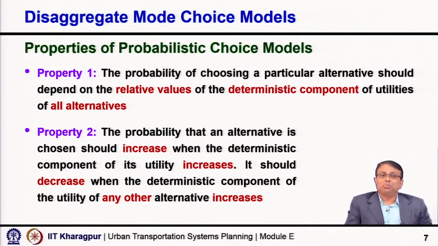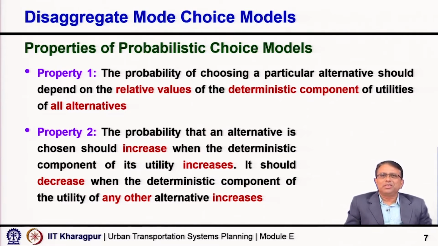But what we are saying is that the probability of choosing car, or choosing a particular alternative, should depend on the relative values of the deterministic component of utilities. The deterministic component of utilities is something which we can quantify and measure, for all alternatives.